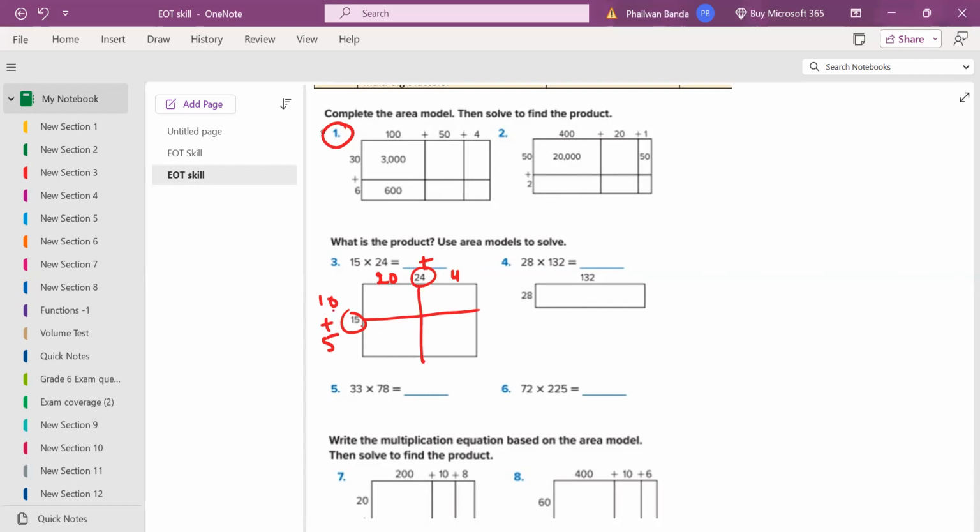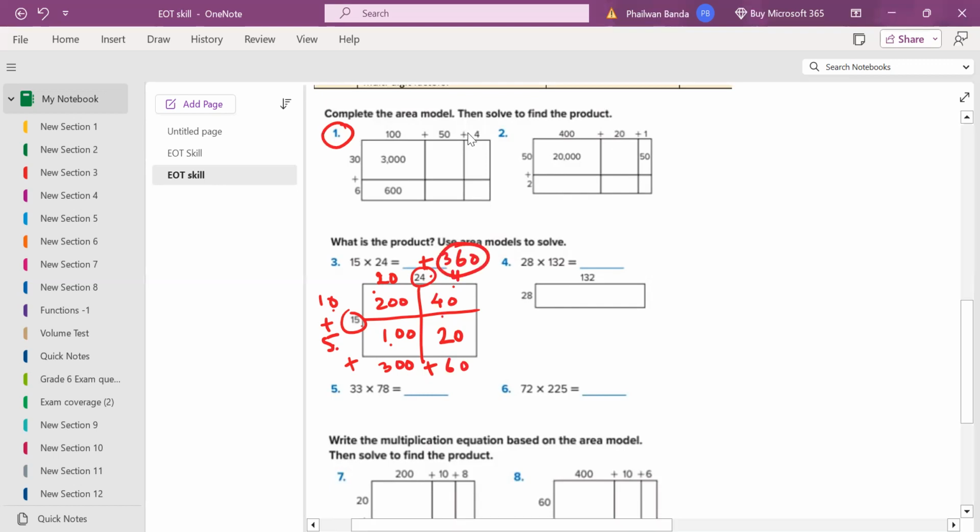Now multiply 10 and 20, which is 200. 10 and 4 is 40. 5 and 20 is 100. 5 and 4 is 20. Add all the numbers. So how much will you get? 200 plus 100, 300, and 40 plus 20 is 60. So the final answer is 360.